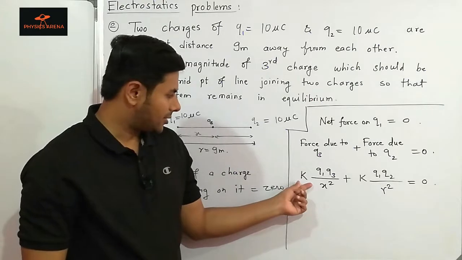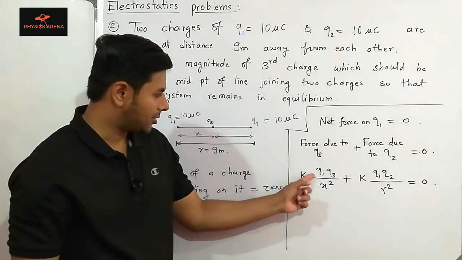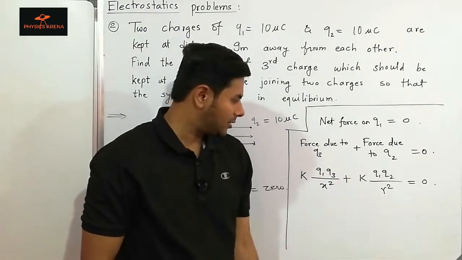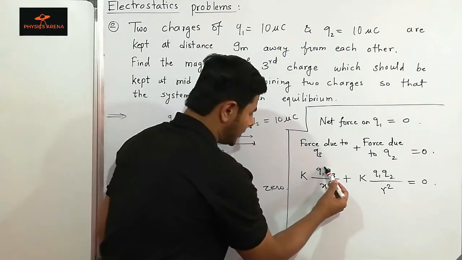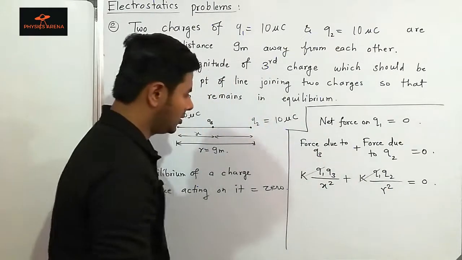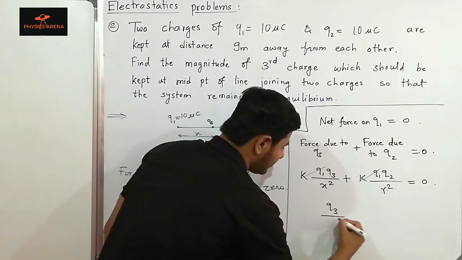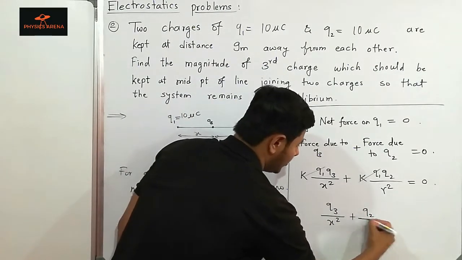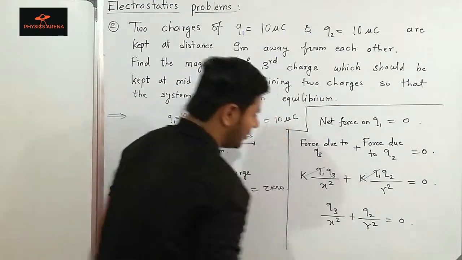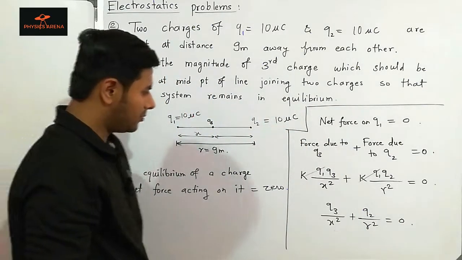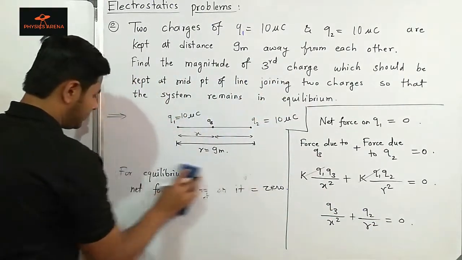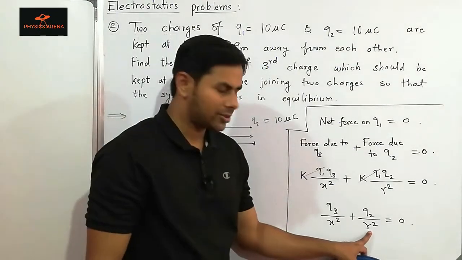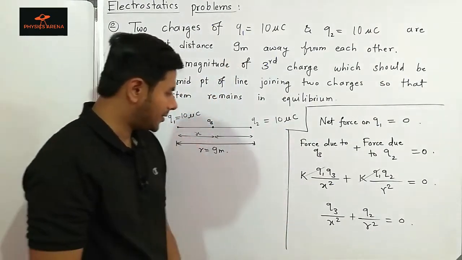Now let's take k and Q1 common, and divide this equation by k times Q1, so we get rid of this. So we have Q3 over x squared plus Q2 over r squared equals 0. Before that, r equals 2 times x.